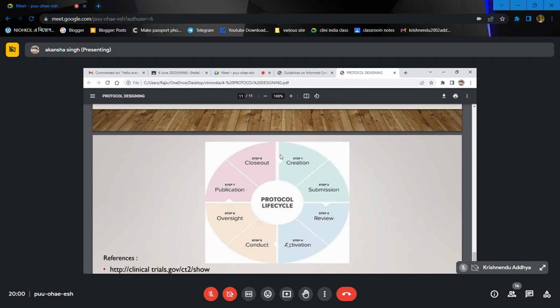Now we start conducting the clinical trial, and it is being observed, and all the data is collected, reported, and analyzed. After that, publication is done as per the protocol, and finally, as per the protocol, we have to close it. So this is the whole cycle, and every parameter you will find in a protocol, and according to the protocol, the cycle works.